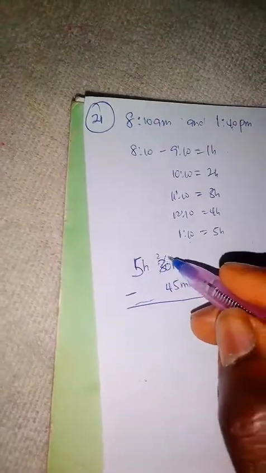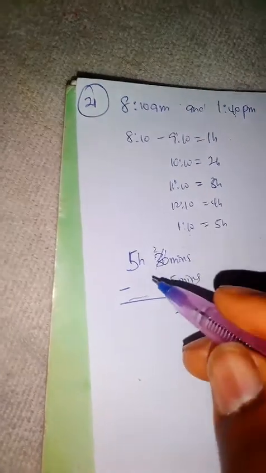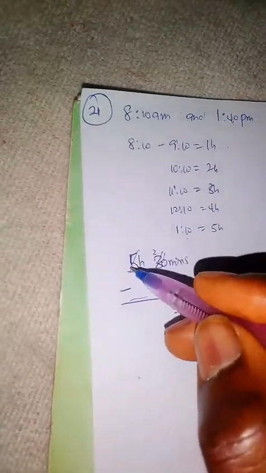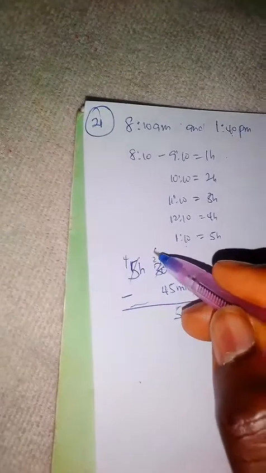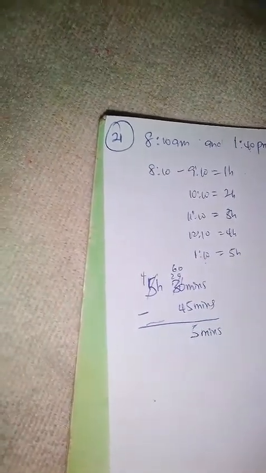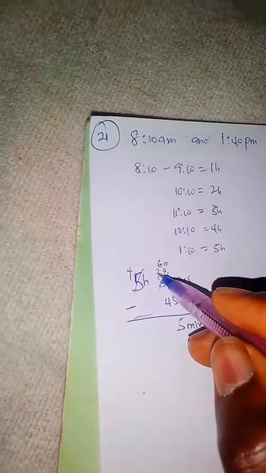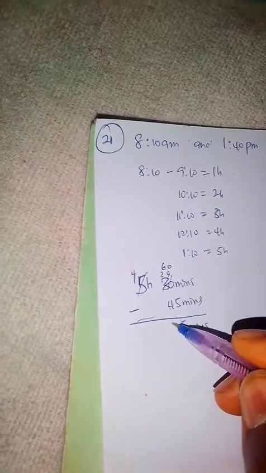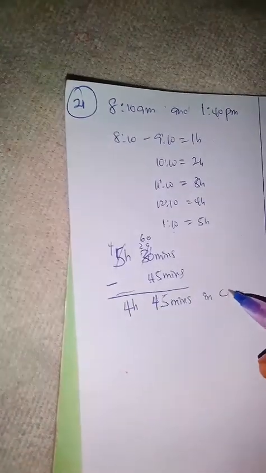I'm subtracting, so I can borrow 1 from here. 5 hours 30 minutes becomes 4 hours, and the hour I borrow becomes 60 minutes, so 60 plus 30 is 90. 90 minus 45 is 45. So it means he spent 4 hours 45 minutes in class.